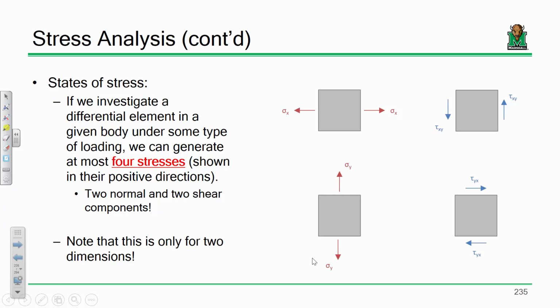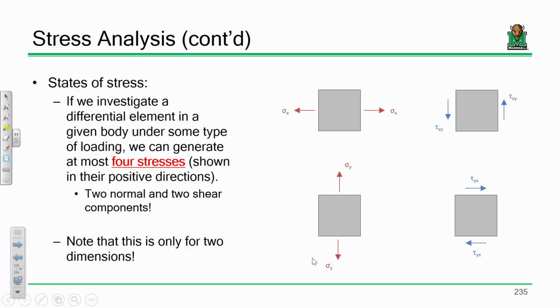We can have a normal stress in the x direction, a normal stress in the y direction, and a shear stress in the y direction along the x plane, or a shear stress in the x direction along the y plane. So we have 2 normal stress components and 2 shear stress components.